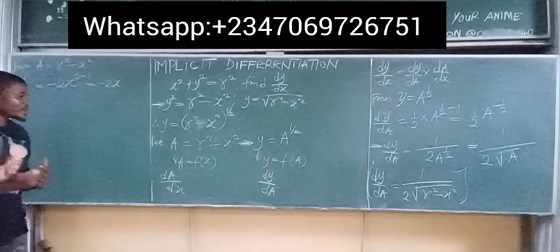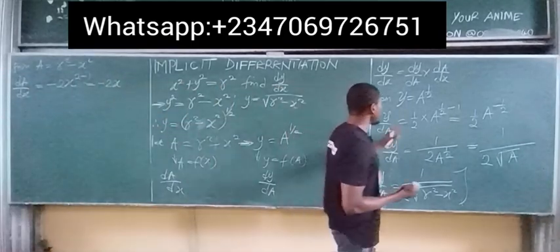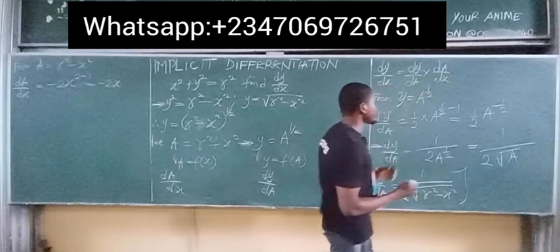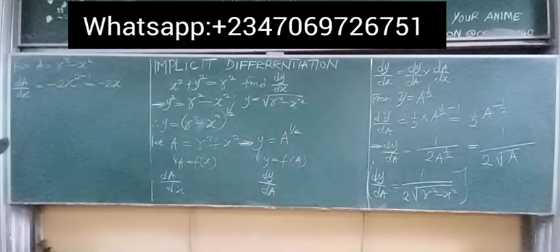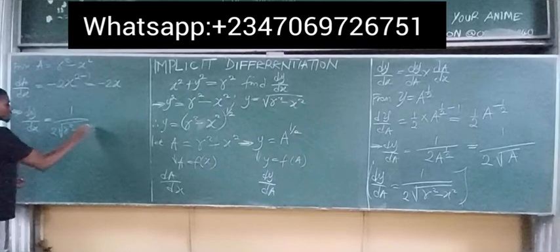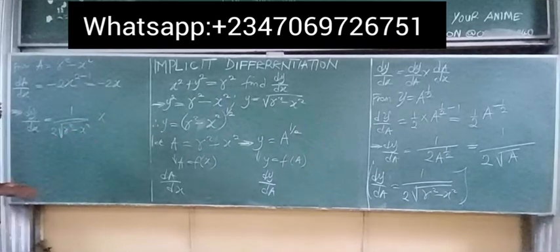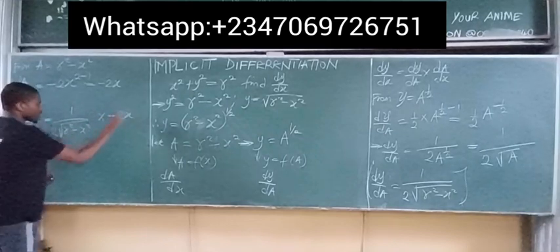So from what we've established here, we've simply shown that the dy/dx is simply what? The multiple of these two derivatives. So if we multiply them together, we obtain the dy/dx. So this simply implies that dy/dx is equal to dy/da, which gave us 1 all over 2 root r squared minus x squared, multiplied by the da/dx, which is minus 2x.